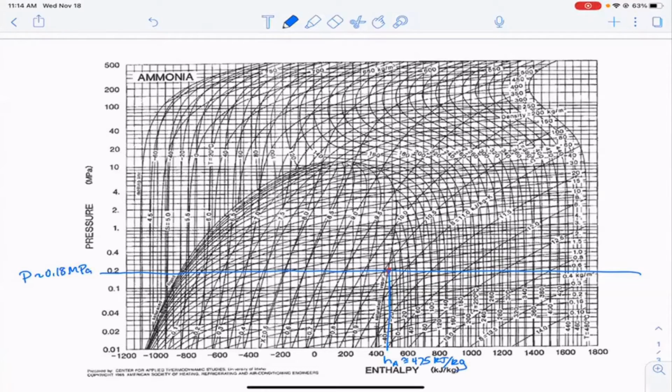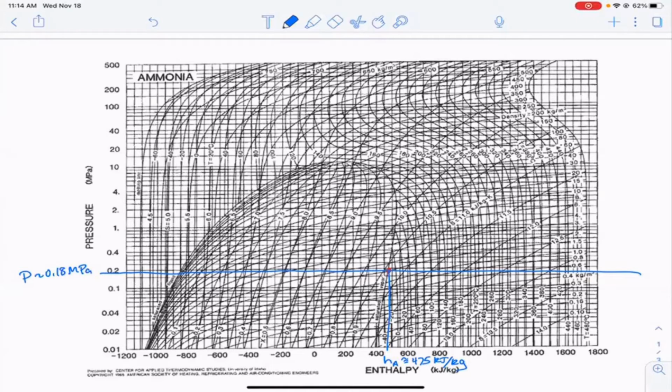So you could just as easily draw a straight line down and say, I think that's more like 470. One of the lessons here in refrigeration cycles is that even if your numbers are a little different, when we calculate things like the coefficient of performance, it'll be really similar. And it's something that we're just going to have to be reasonably comfortable with.